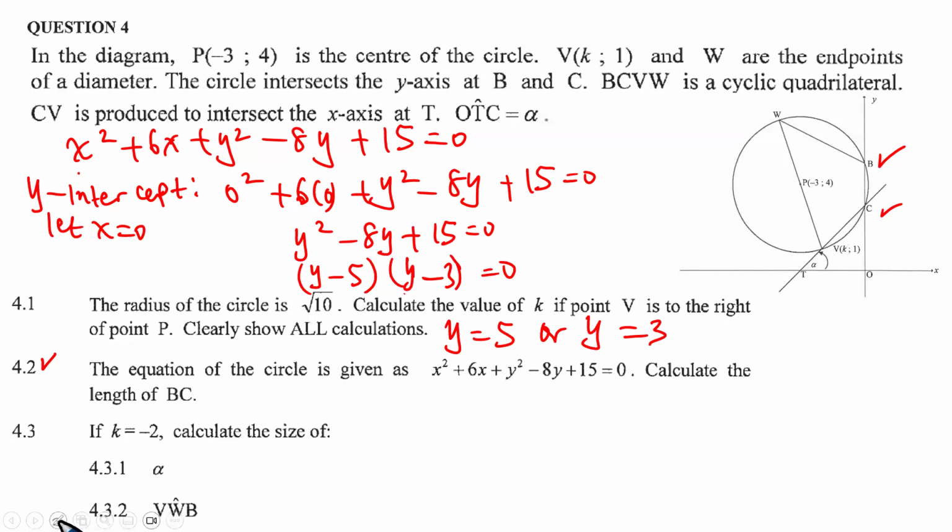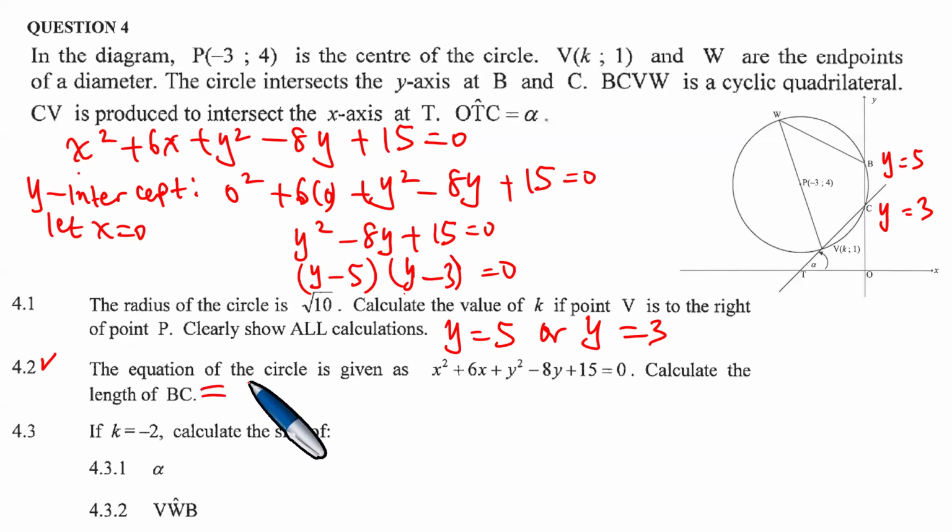So what do we have here? Y is 5, y is 3. Okay, because now we need to order these, because if you're moving from the origin, right, it means therefore, what is the distance between 5 and 3? 2. 2, well done.